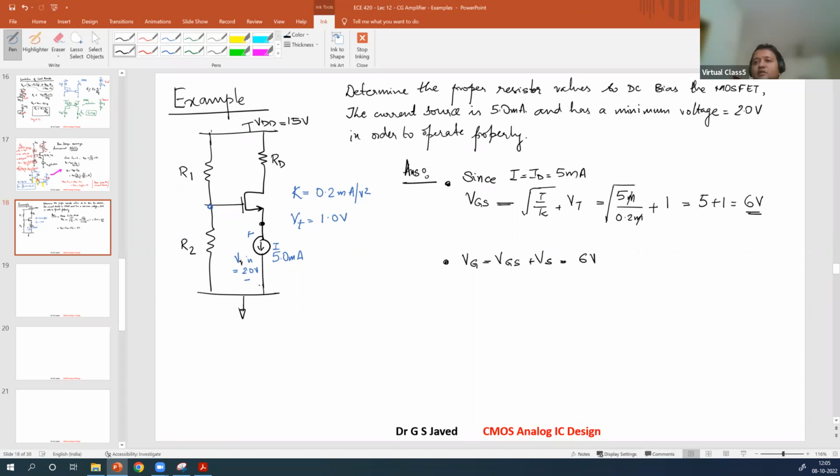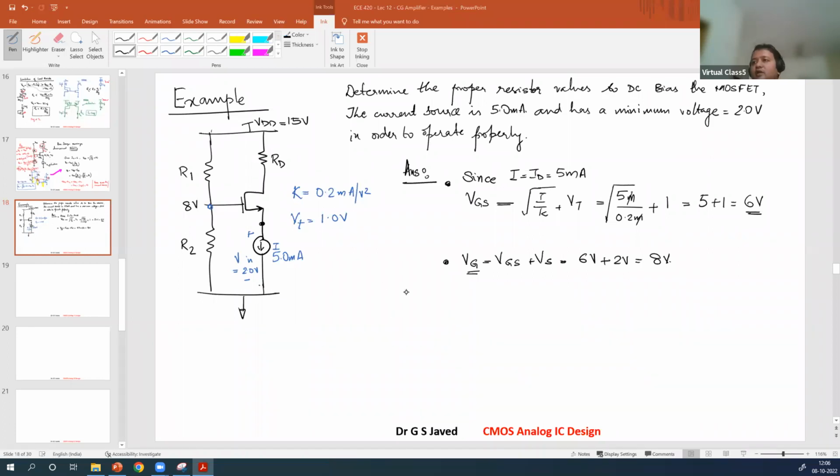VS value is the Vmin value given here, saying 2 volt. So that is 8 volt. So VG value is 8 volt. Now that 8 volt is given, you know what is the VDD value here. So you find the value of the resistors now.